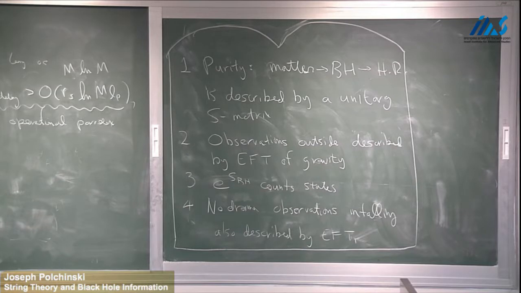I think one of the takeaways, one of the images that went with this idea, is that as seen from the outside, here's your horizon, now I'll draw it in Eddington-Finkelstein coordinates, which we saw earlier today, where it's vertical. As seen from the outside, the horizon looks like a dynamical membrane. And the membrane you can put a little ways outside the horizon.